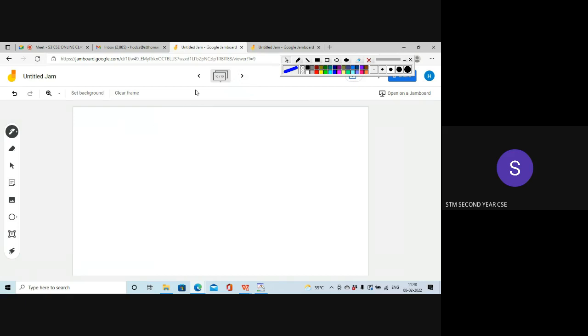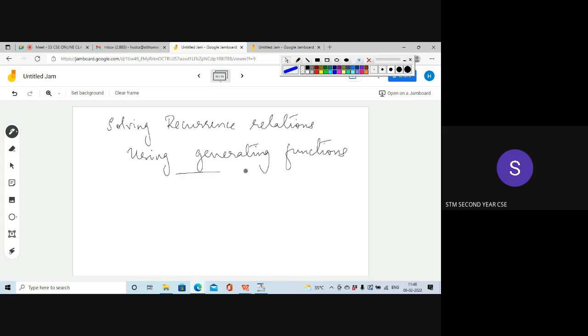So the next section is solving recurrence relations using generating functions. We had studied generating functions in the first part. Now we are going to solve recurrence relations using generating functions.